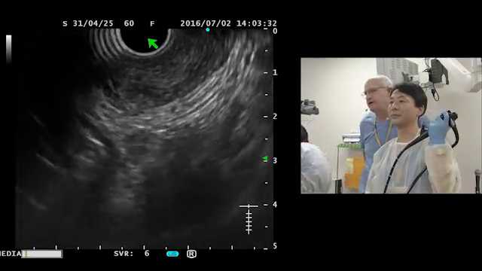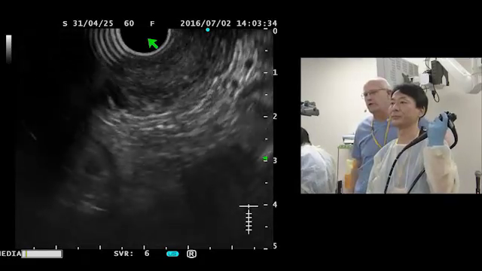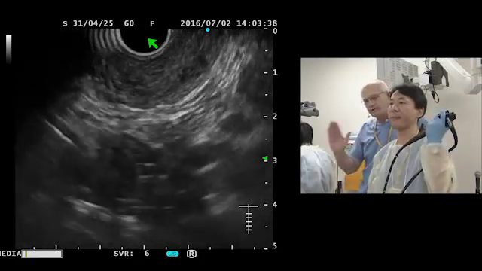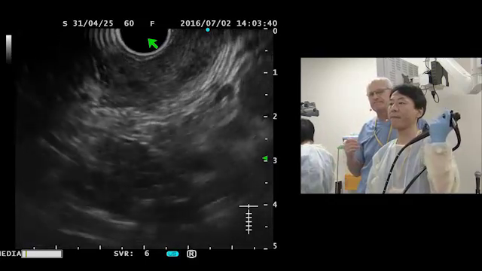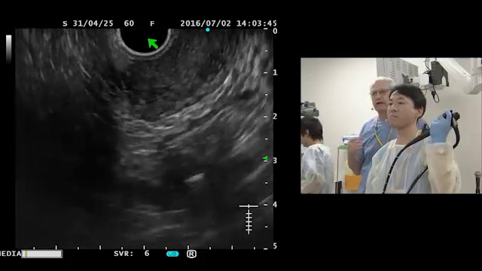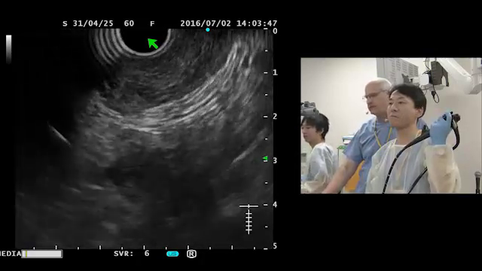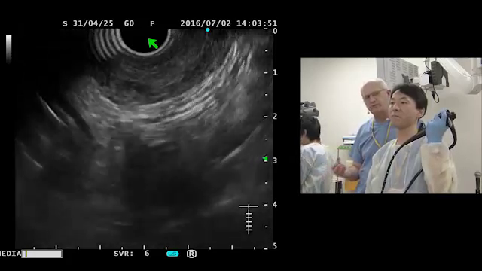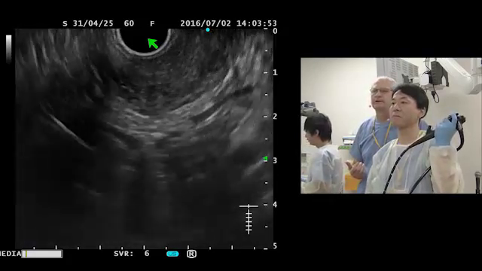I think it's a very, very interesting question. We now have some more advanced imaging, what we call adjunctive modalities to EUS. With the EUME2 we have elastography, and we also have the possibility of contrast agents.